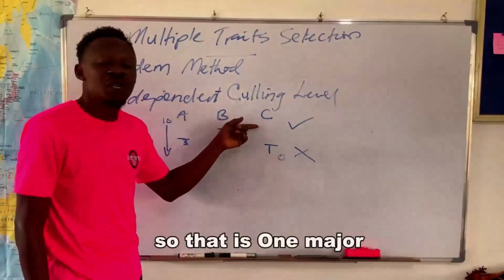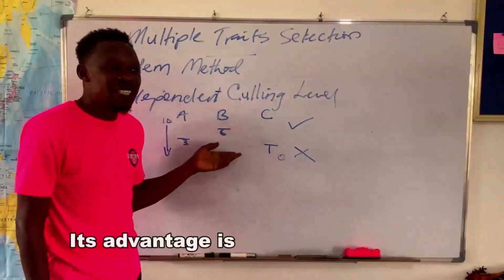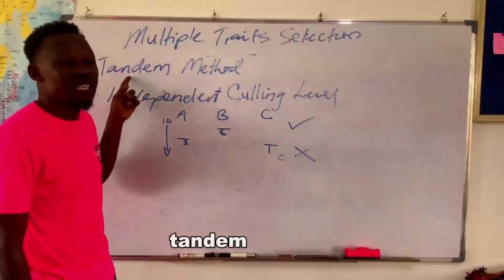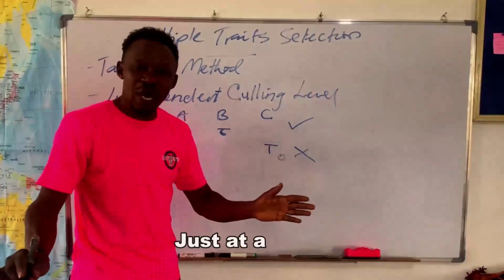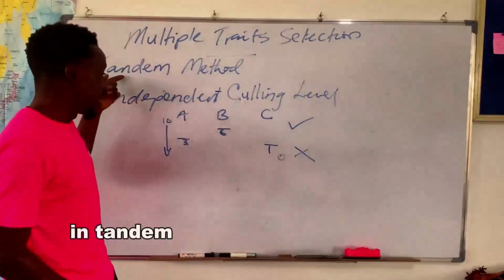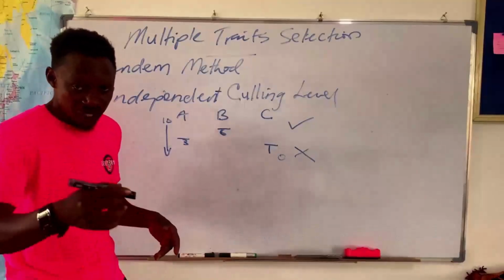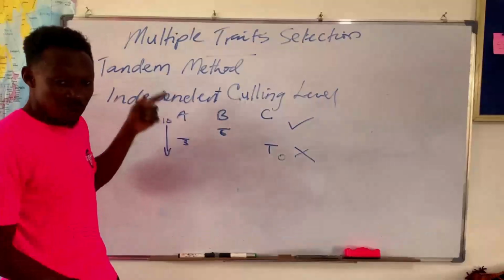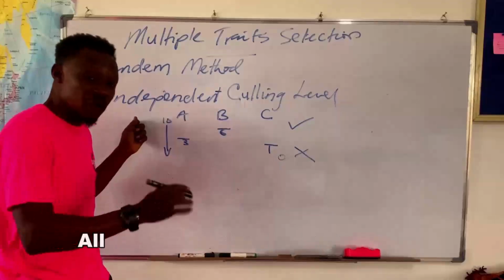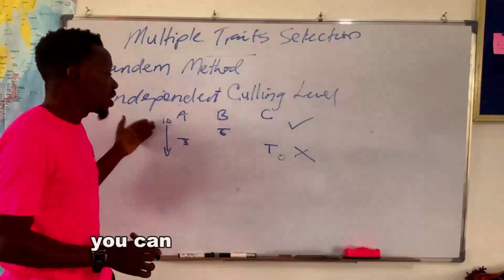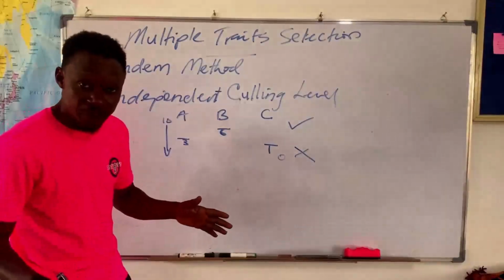However, its advantage is that it is faster than tandem selection, because you're going to be selecting for all these traits at a go, rather than in tandem selection, where you waited for improvement, generation upon generation, for one trait before you move to the next trait. In this case, for all your traits of interest, you can just set an independent culling level for them and select for them all at once.